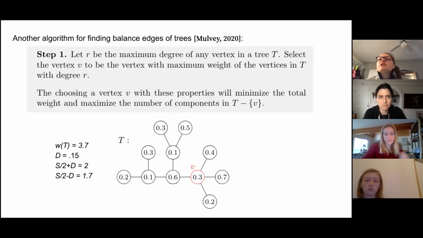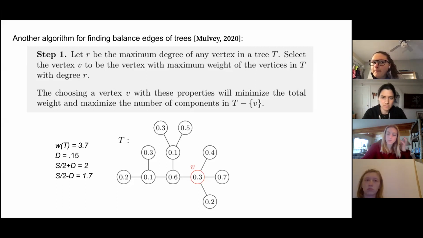You can use this idea to more efficiently determine whether or not a tree has a balance edge. The way we do this is to look for one of these vertices that when removed, gives you components of total weight less than the minimum that you want to accept.